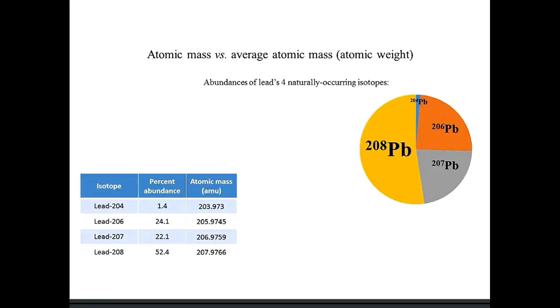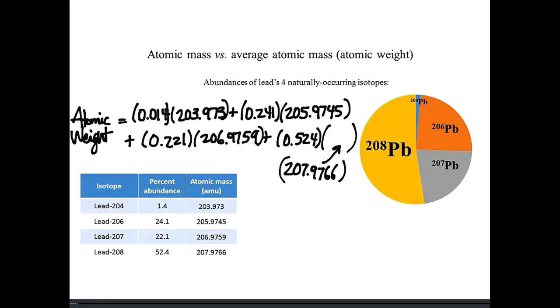So we're going to do our calculation. The atomic weight is 0.014, that's the 1.4% for lead-204. This is its actual atomic mass, and that goes here. 24.1 is the same as 0.241 out of 1, and then multiplied by its mass, and then 0.221 will go here times its mass. 0.524 will go here, and then this mass didn't quite fit in there, so it goes there.